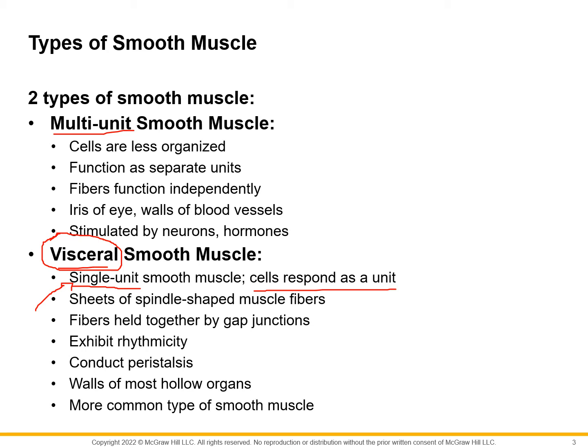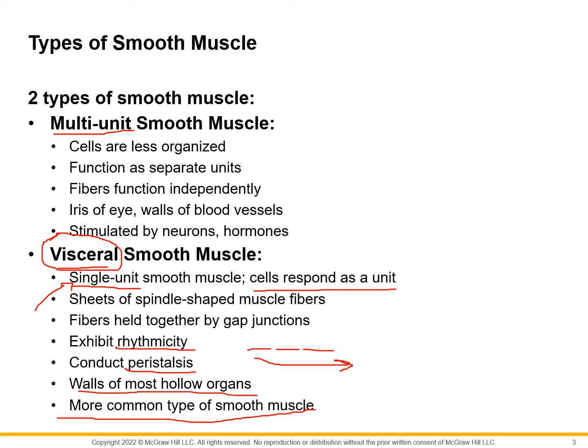They have what's called rhythmicity, which means that when something happens to this one, it passes along to the next one and so forth. So it's going to cause this wave of contraction, and we call that peristalsis. Now, visceral smooth muscle is going to line the walls of most hollow organs, and it is the most common type of smooth muscle. It is going to contract slow but steady.